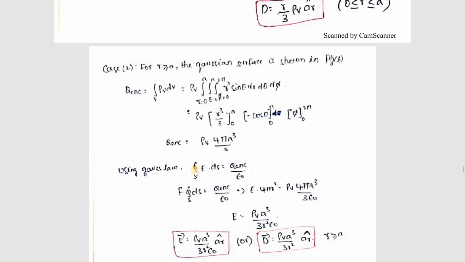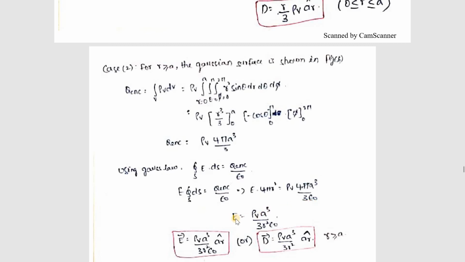So using Gauss law, integration E dot ds is equal to Q enclosed by epsilon naught. So E integration ds is equal to Q enclosed by epsilon naught, because E direction and ds direction, both of them are same. So this is equal to E into, this is the area of this sphere, 4 pi r square, is equal to rho v into 4 pi a cube by 3 epsilon naught.